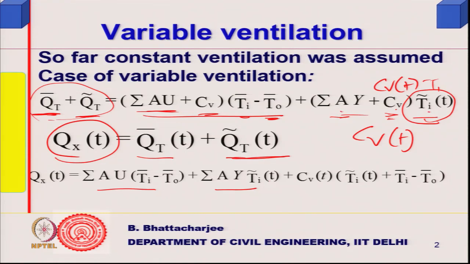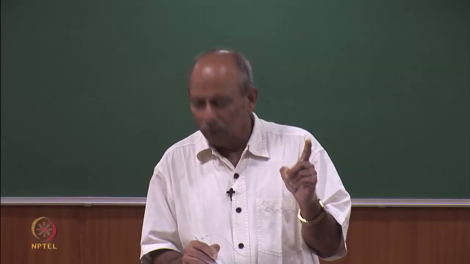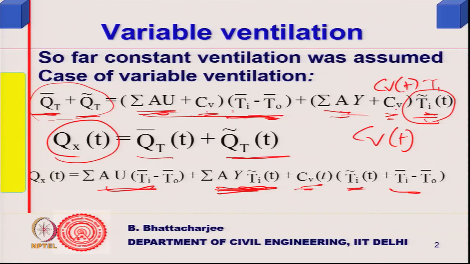So, I am separating this out, AY Ti t, and CV is a function of time. So, I write it like Ti t, and from here this CV Ti t I have taken out this side. So, you can see that it is AU Ti bar, AY Ti swing, this is what I have written, and the CV part I have taken separately because CV is a function of time now. So, CV t, and this is also taken into account because this is also a function of time. So, it is written like this.